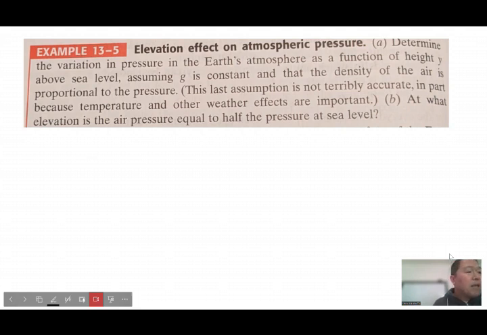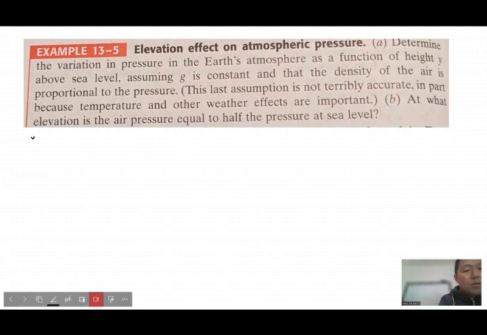So we have to find the relationship between the pressure and the density first. Usually the density is proportional to the pressure. The ratio between the densities at different heights above sea level is also proportional to the ratio between the pressures at those two different heights.